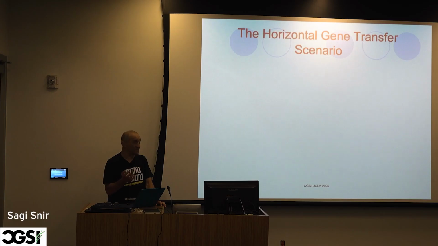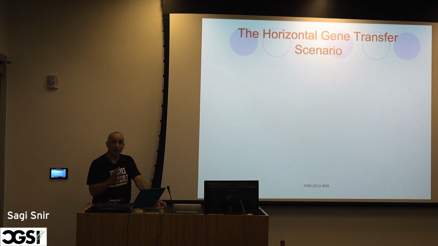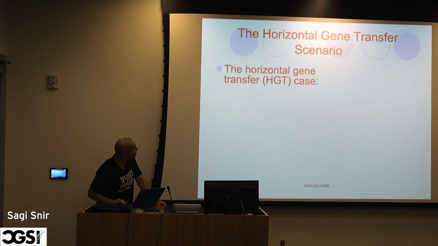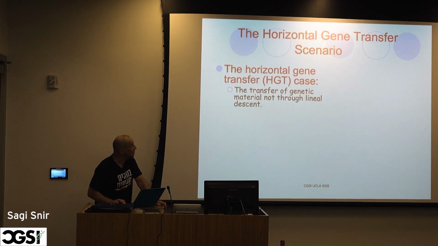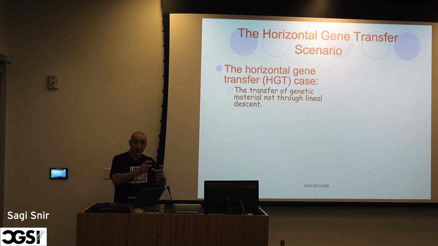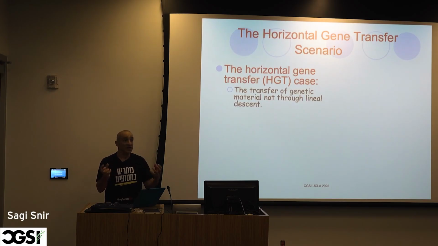If you heard about CRISPR, everything now in microbial evolution, which is so much our evolution, deals with gene transfer, which is the transfer of genetic material, horizontal gene transfer, not through linear descent. So bacteria or microbes share DNA through viruses, plasmids, whatever you want, gene transfer, okay?